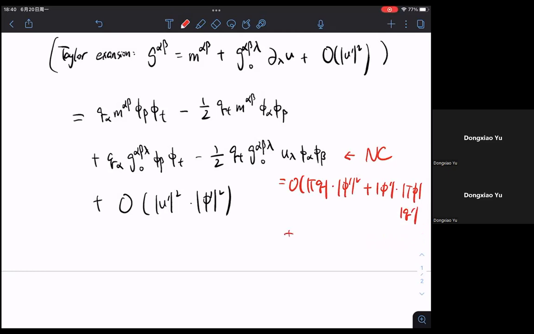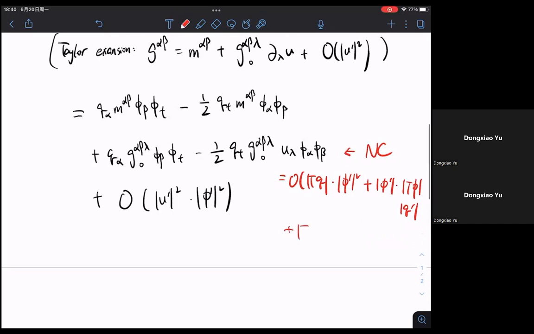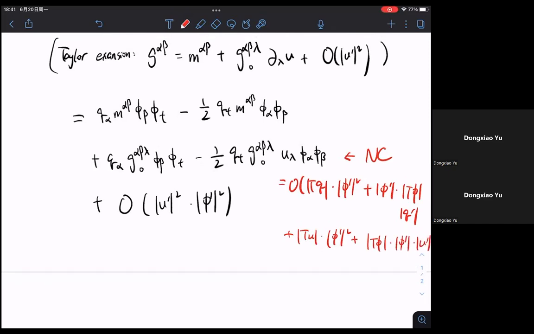For the second term, you have TU times phi prime squared plus TU times phi prime times U prime. Also remember that Q prime is actually bounded, so you don't have any Q prime in the last estimate, so you can just erase this Q prime.